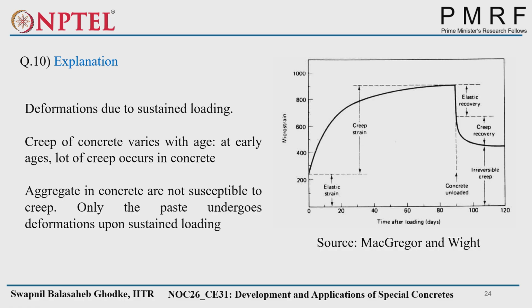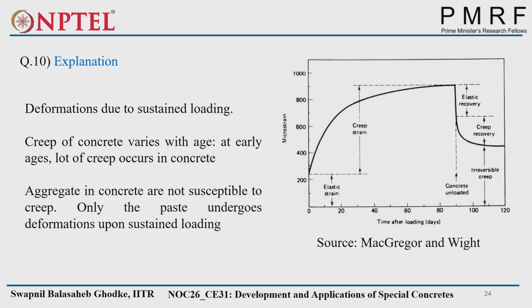A certain amount of elastic recovery will happen, and after that elastic recovery, a certain amount of recovery over a sustained period of time. Elastic strain happens at the same time as loading, and elastic recovery also happens suddenly when removing the load. But creep and creep recovery both take time.